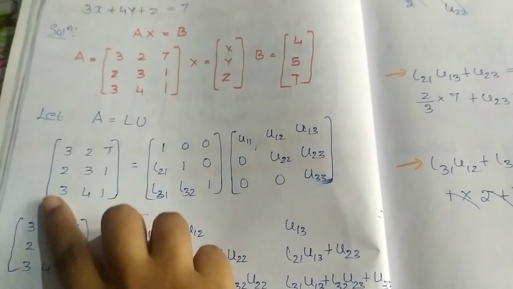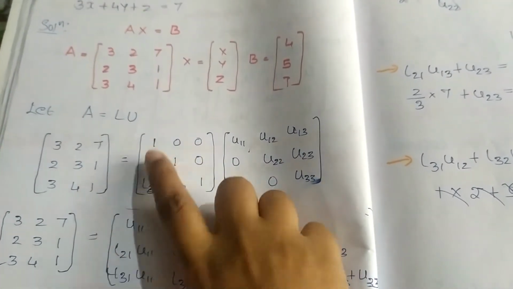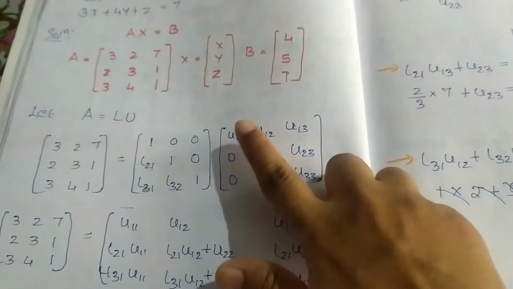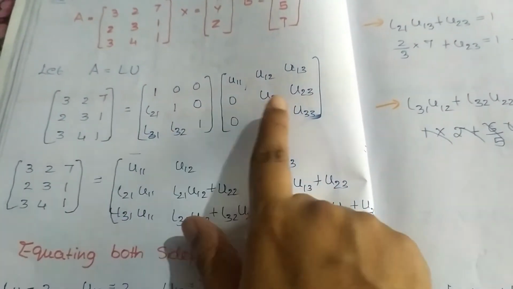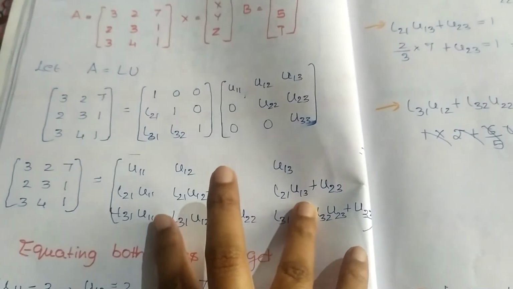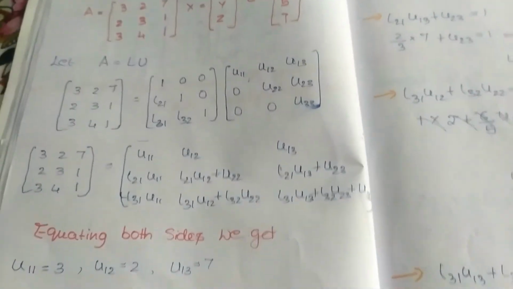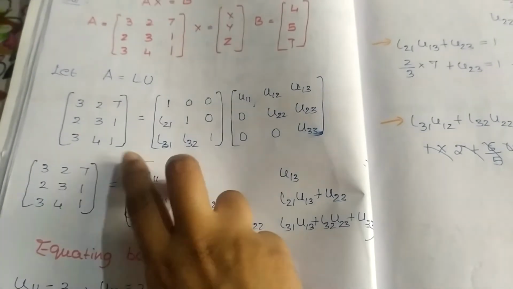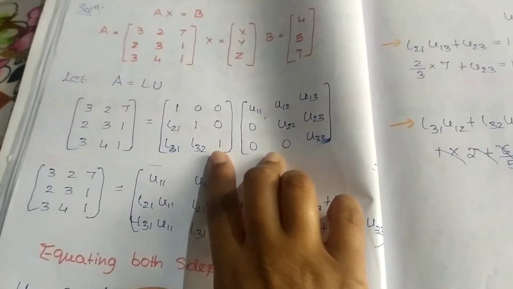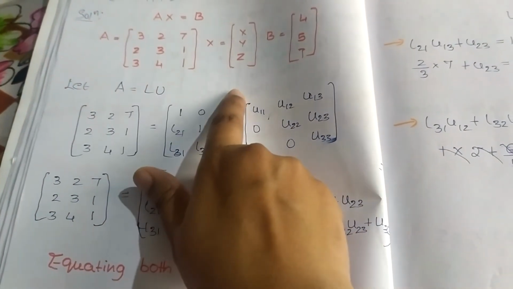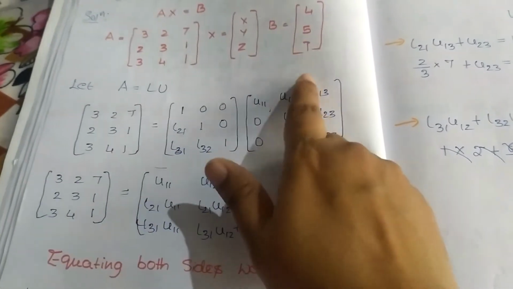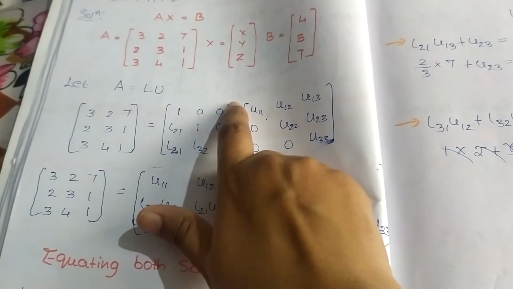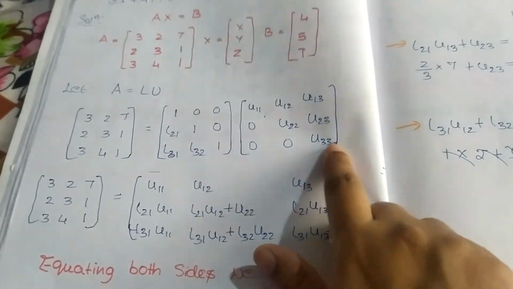That is, we'll take A here and we'll consider L, that is the lower triangular, and the upper triangular matrix. Now multiplying these two matrices we'll get these equations, so that we can solve and get the values. Now how to multiply these two: considering first row and first column, then again first row with second column, and then first row with third column.